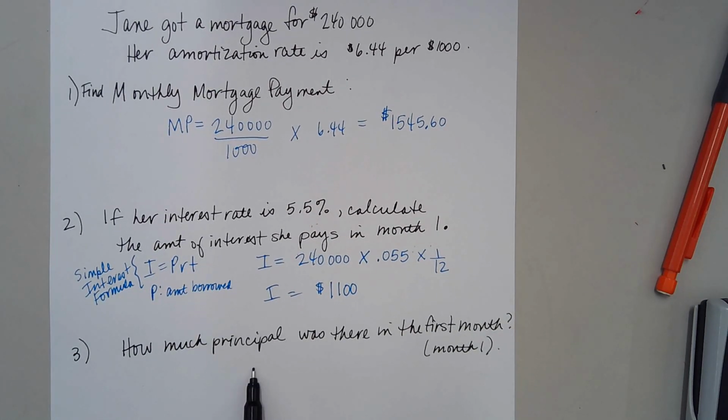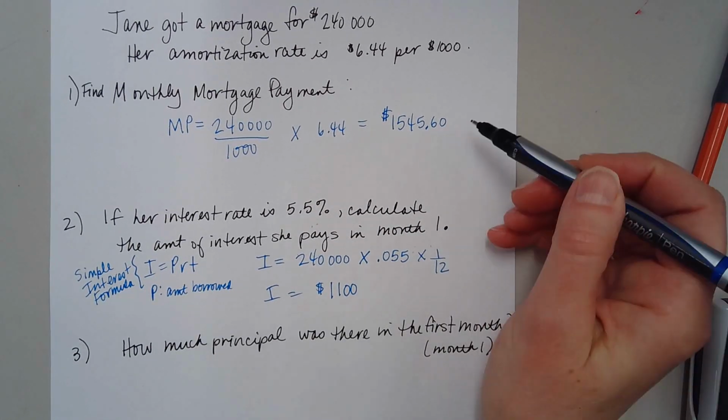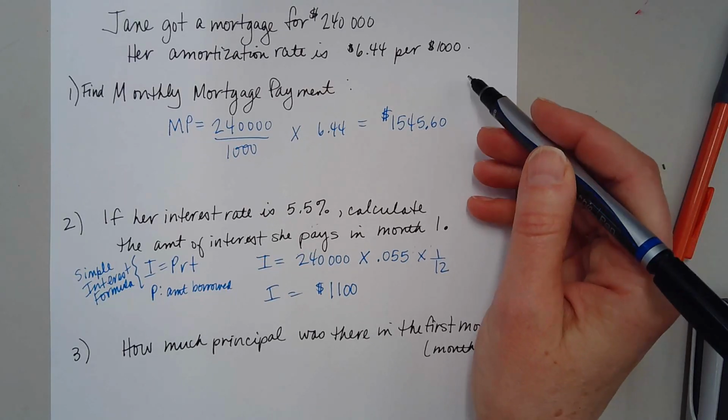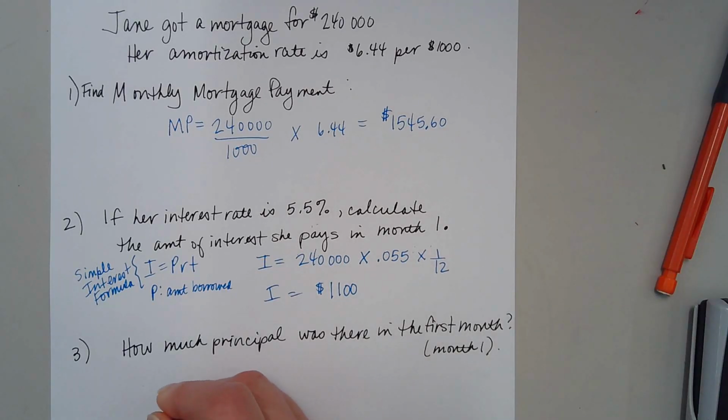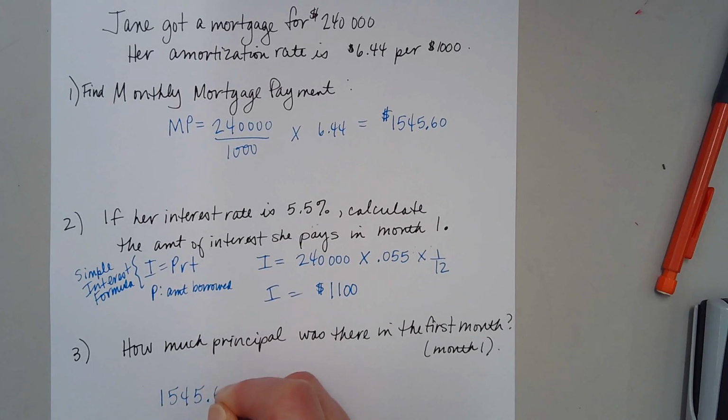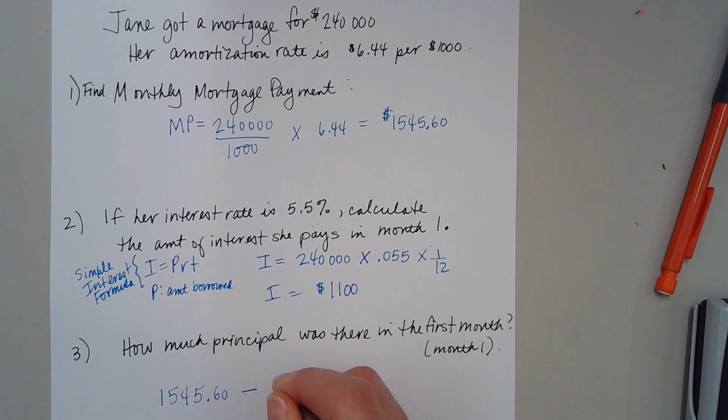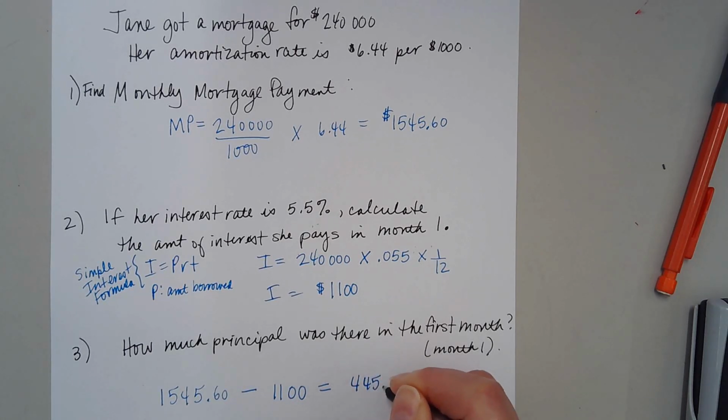How do I figure out how much principal is in this payment then? Yeah, it's just the leftover, right, Arlene? There's only two parts to this blended payment, the interest and the principal. So whatever's not the interest is the principal. So this should be what, 445.60?